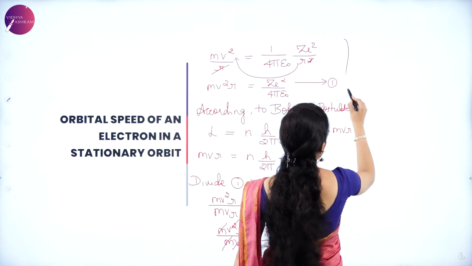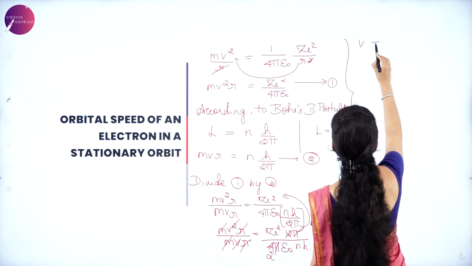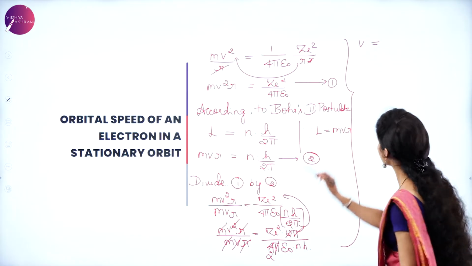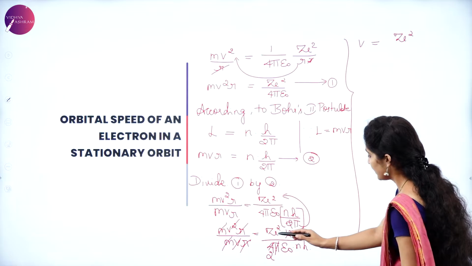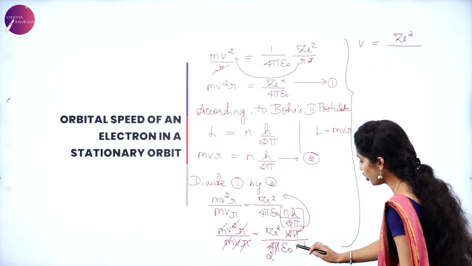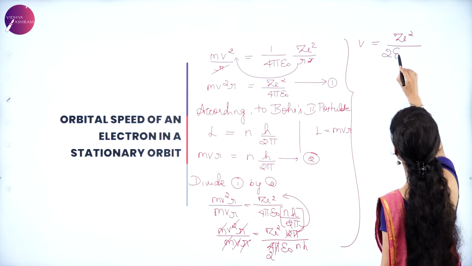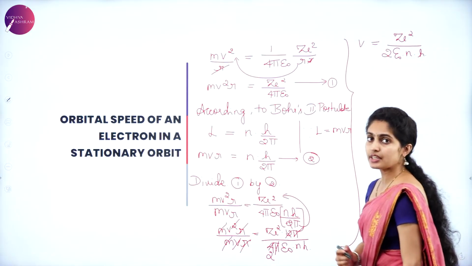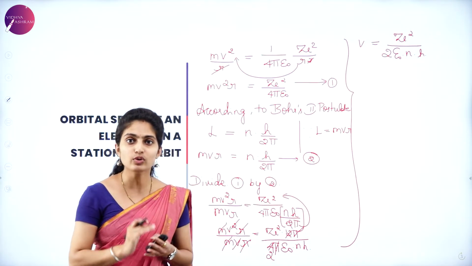We are left with v is equal to, only v is remaining here, ze square, Z into e into square, and divided by 2 epsilon naught n and h. So it is 2 epsilon naught n and h. So this is the equation which is remaining, that is the orbital velocity.